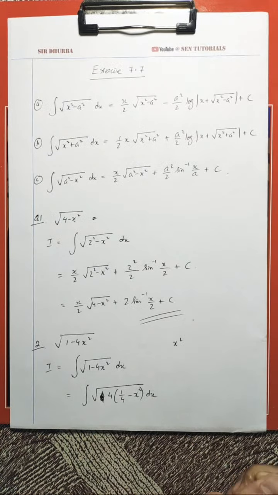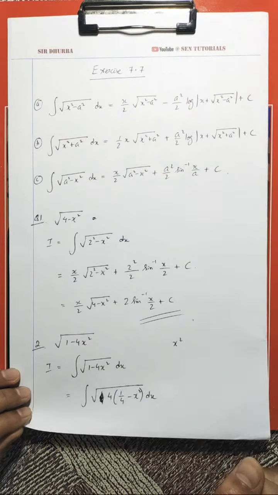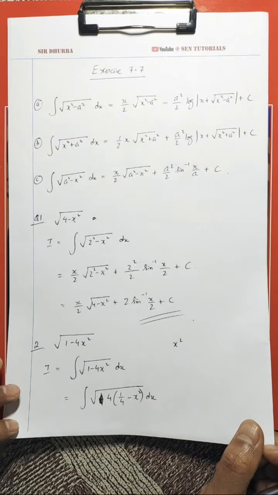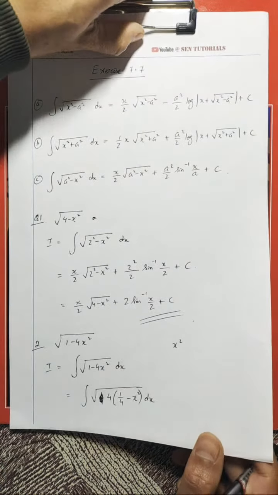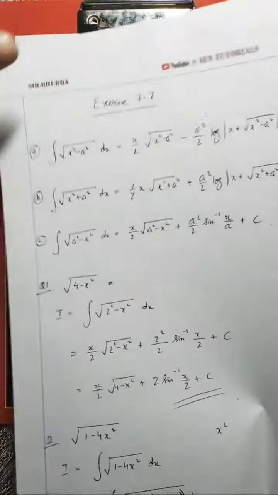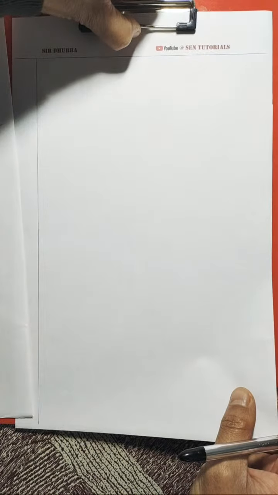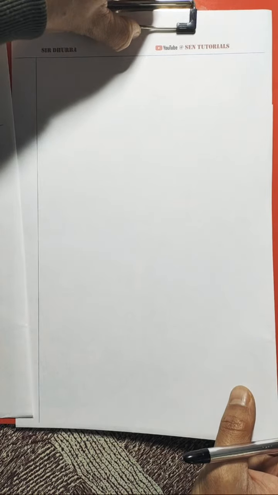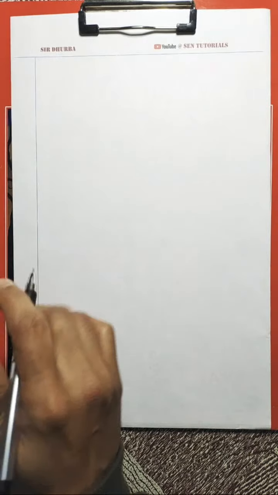Alright. Now of course I can apply the formula. So always make sure that the variable that you have is free of its coefficient. That will always be better for us to compare the formulas and solve.